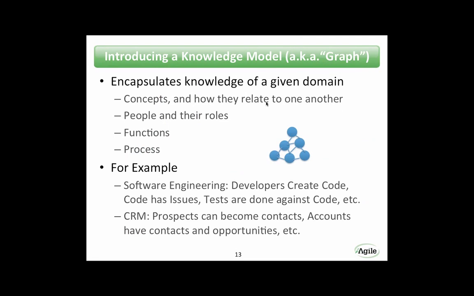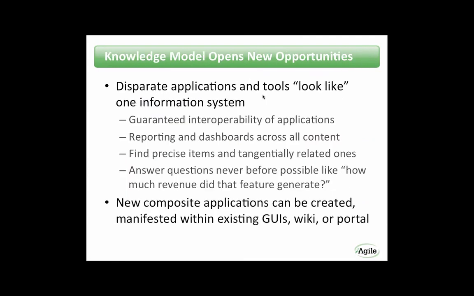So thanks to this knowledge model, we're opening up new opportunities. First of all, all these different disparate applications now look like they're using one information store across the enterprise. In reality, the information store is residing locally within each tool and application, but thanks to this intermediate layer, it tells you how everyone's connected, and therefore you can access information from one tool into the other.